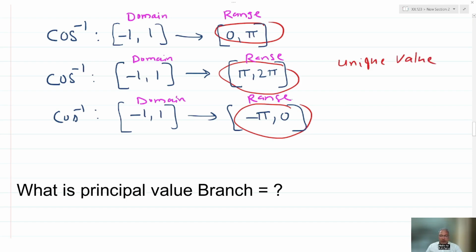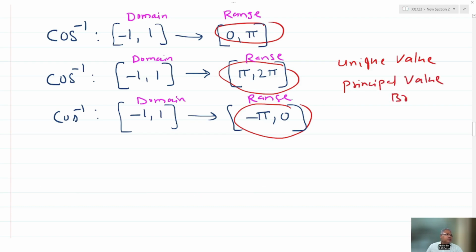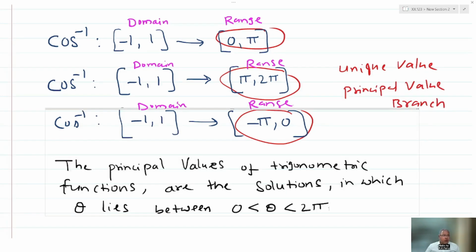That unique value is called the principal value branch. Out of so many range values, how do we select that one? It can be selected on the basis of this statement: the principal values of trigonometric functions are the solutions in which theta lies between 0 and 2 pi.